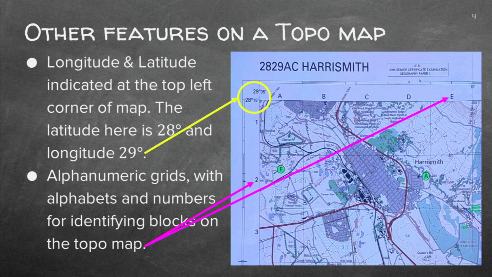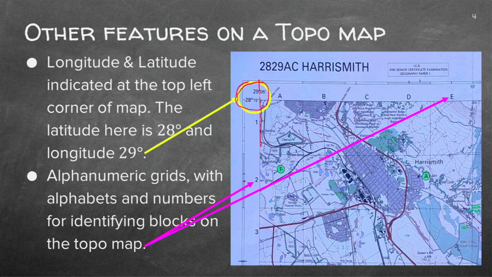This one is Harry Smith, and you probably know Harry Smith. It is located in KwaZulu-Natal. Look here, this is how you read the longitude and latitude of the topo map. On the top left side of the map, indicated in yellow there, that line that comes from up all the way down is the longitude.